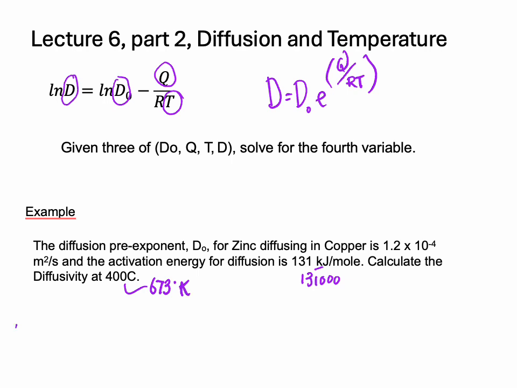So D, that's my unknown, is equal to pre-exponent 1.2 times 10 to the negative 4, e to the minus 131,000 divided by 8.31 times T, 673.